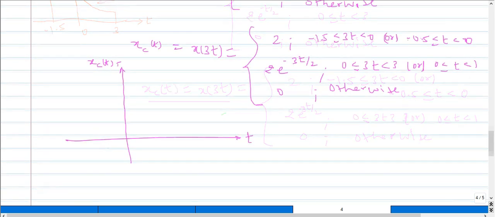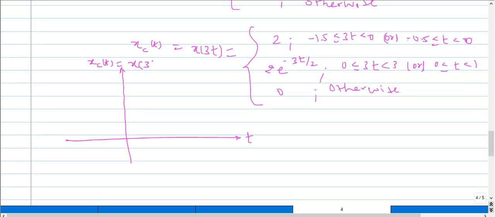Okay, p of t is equal to x of 3t, and you see that this is 2 when t is between -0.5 and 0.